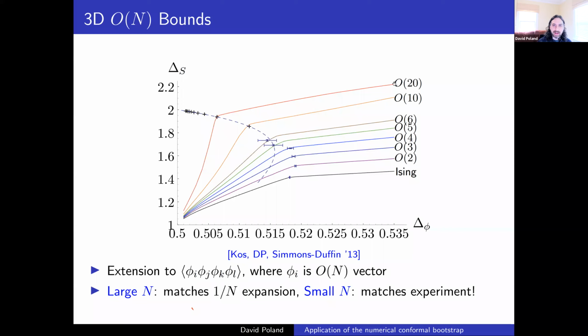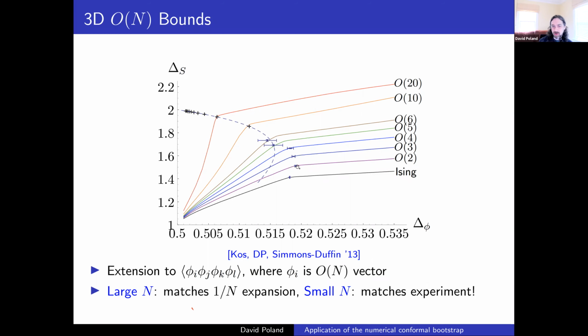At large values of N, like N equals 20, you see a bound with a kink, and there's a black plus inside of the kink. These black pluses are showing the large N analytical predictions, I think to order 1/N cubed. You can see that there's very good agreement between the locations of these kinks and the black pluses, at least for O(20) and O(10).